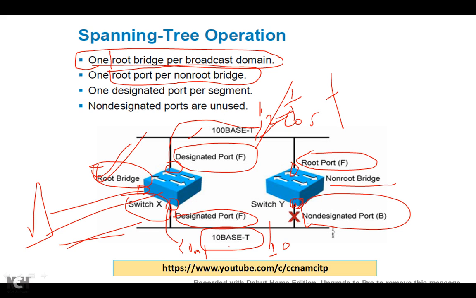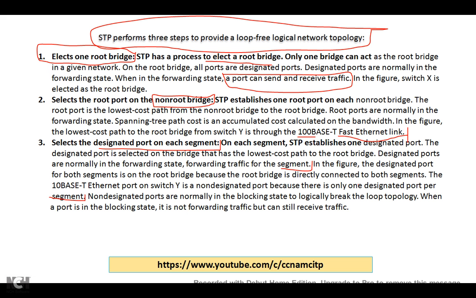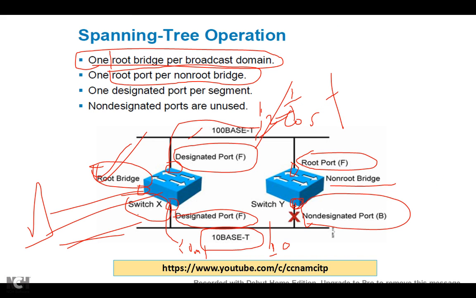The next thing is this port is in non-designated state, because the 10 BASE-T Ethernet port on switch Y is a non-designated port, since there is only one designated port per segment. We already have two designated ports, one for each segment.